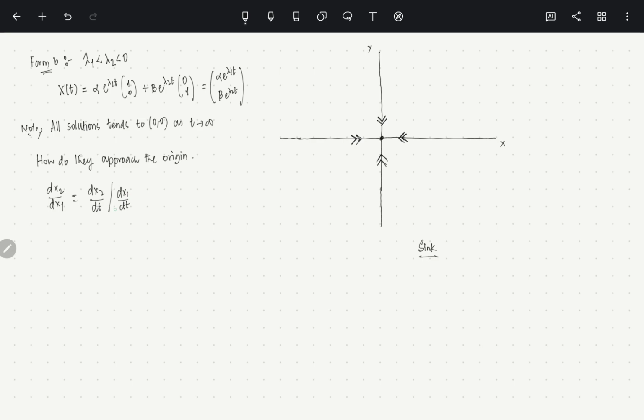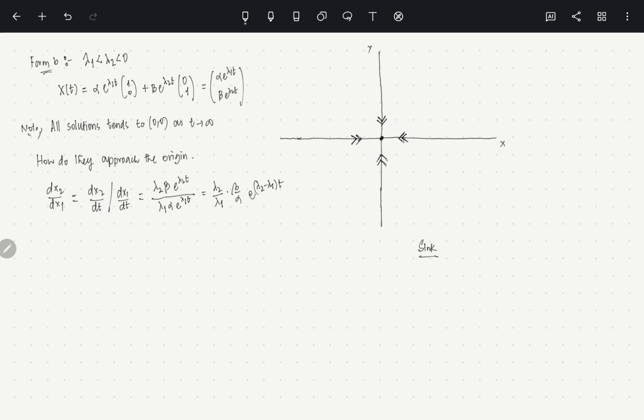This is the usual thing. That is nothing but lambda 2 beta e power lambda 2 t by lambda 1 alpha e power lambda 1 t. So that is given by lambda 2 by lambda 1 times beta by alpha times e power (lambda 2 minus lambda 1) t. Clear? Given any trajectory, the slope will look like that.